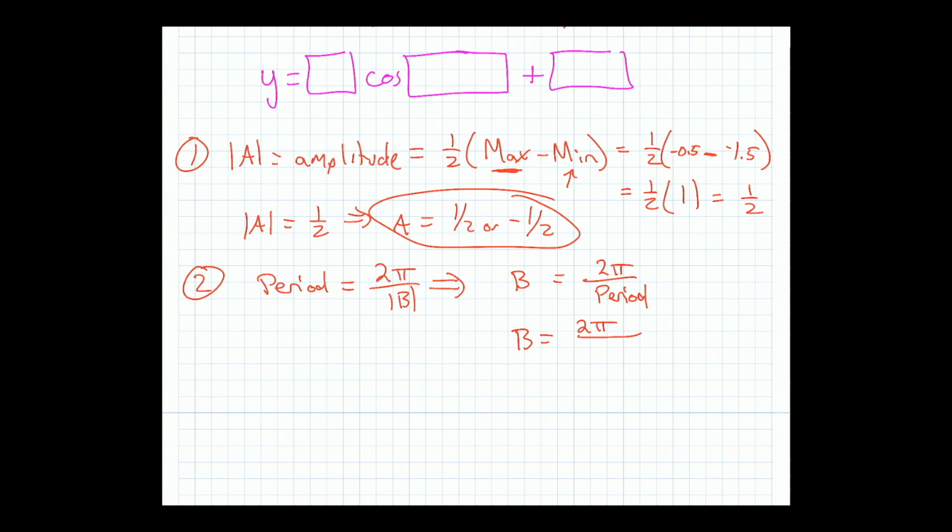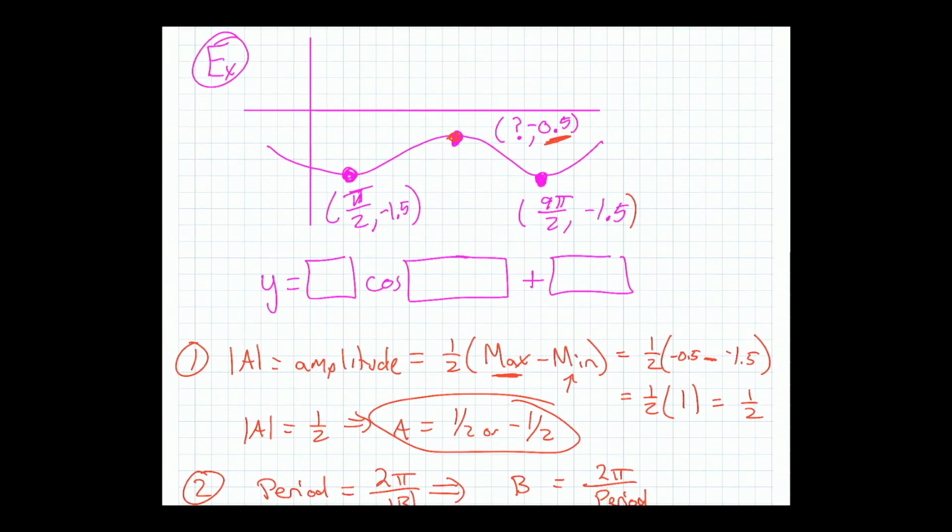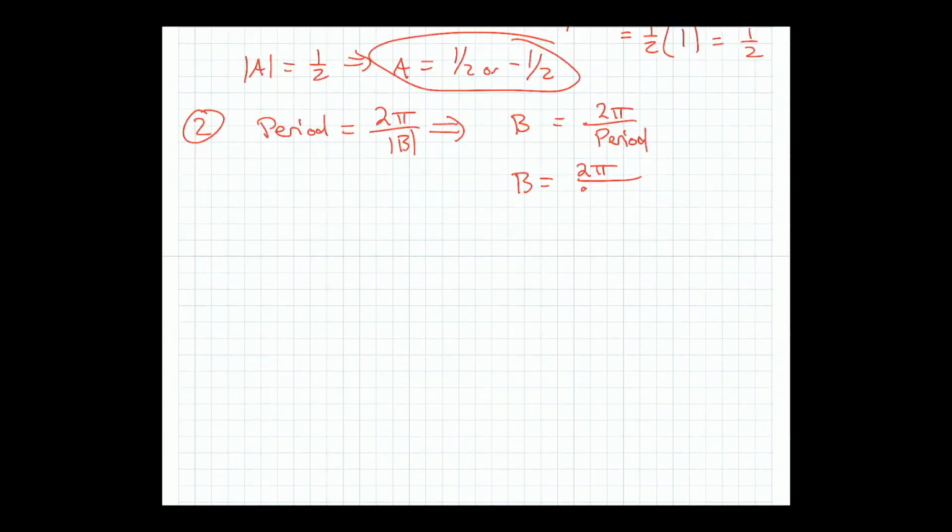You have to know what the period is. On a graph, the period is how far you go on the x-axis before the graph repeats. So from here to here is one period. One period is going to be 9 pi over 2 minus pi over 2, because we want the distance on the x-axis there.